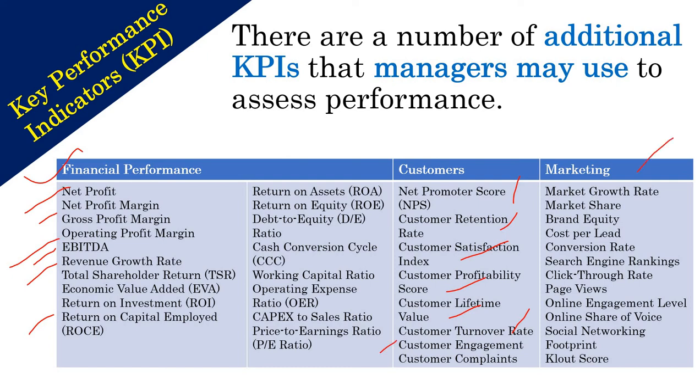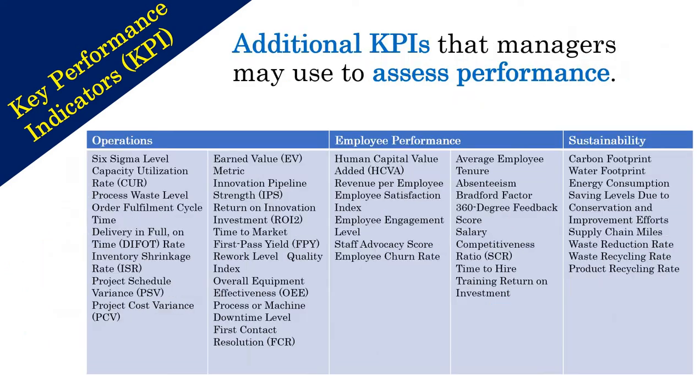Then marketing: marketing growth rate, market share, so many things, brand equity, cost per lead, and then the operations. These are the operational metrics and the employee performance metrics, and sustainability, whether you are doing well on carbon emission and water pollution.